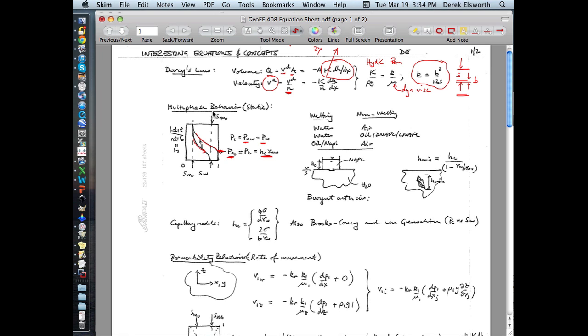And the other important coordinates on this are irreducible saturations, which are blocked off by these portions. This is, in a physical sense, the amount of water that's left in the system. This is the amount of NAPL that's left in the system that you can't get out.